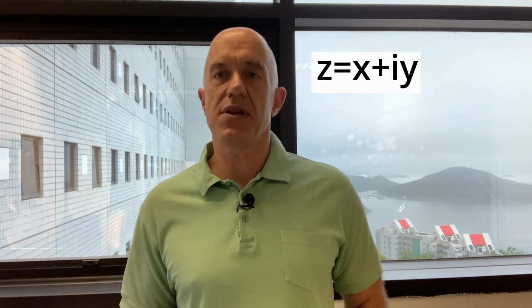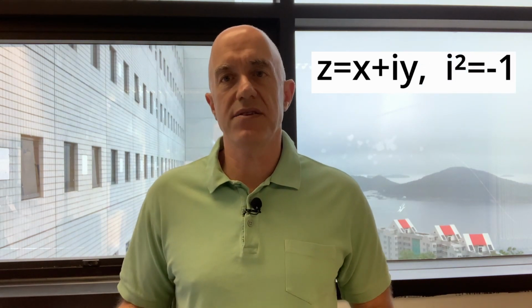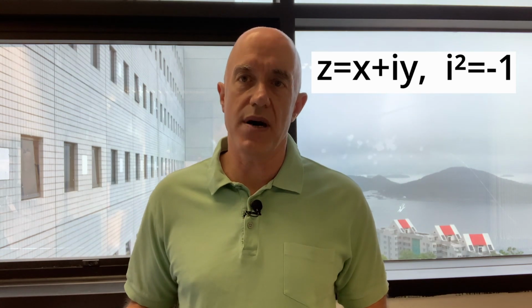It's not too hard to extend the real numbers to the complex numbers. We write a complex number z equals x plus iy, where x and y are real numbers and i is an imaginary number, satisfying i squared equals minus 1.